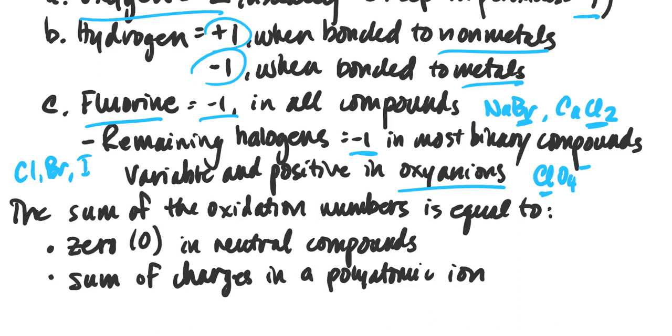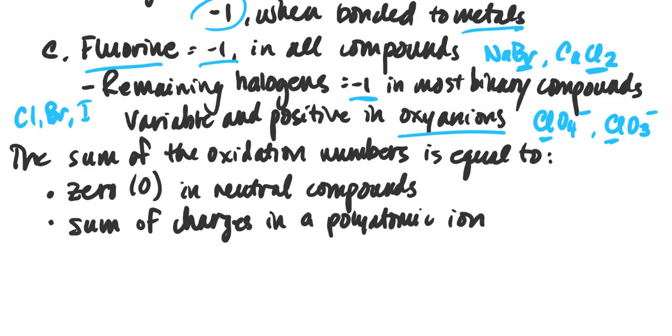It's going to have an oxidation number that's positive, and as the number of oxygens changes in the oxyanion, for example, if I'm looking at the chlorate ion versus the perchlorate ion, then the oxidation number is going to vary for the chlorine, and it will be positive in this case. Now, the last rule has to do with what the sum of the oxidation numbers should equal for a specific species.